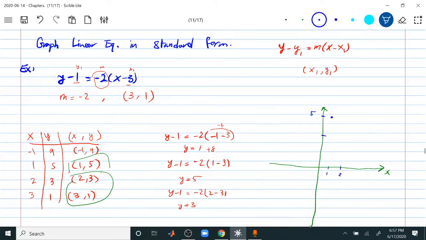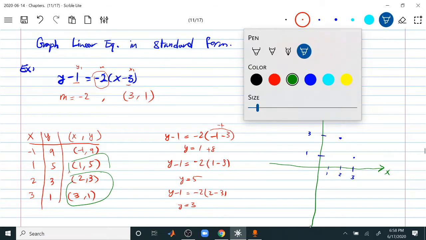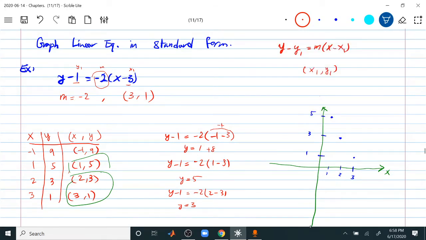Here, let's say call this 3. This one 1. And here 3. Well, I hope it's good enough. I don't want to be that picky, but try to be more accurate.